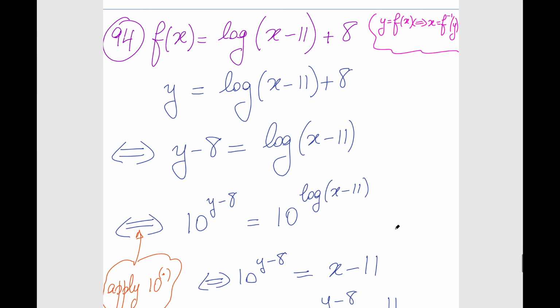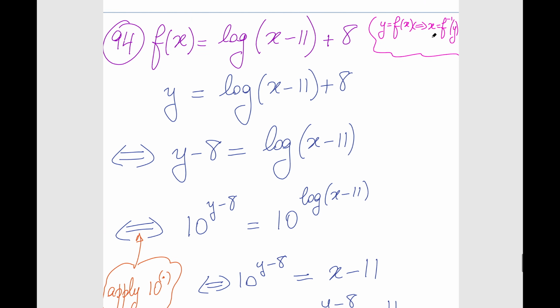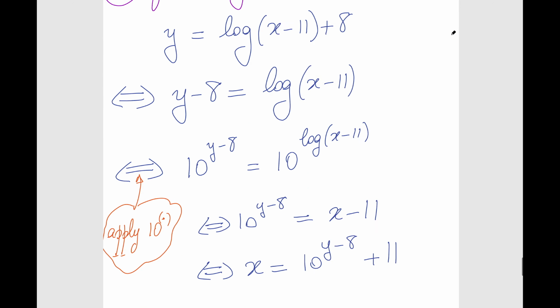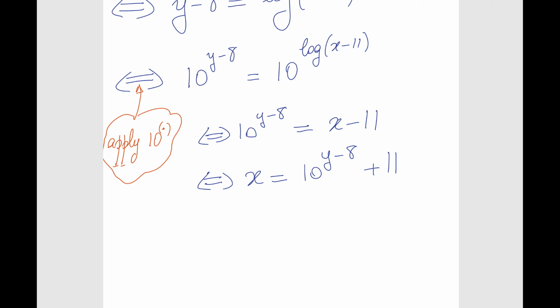Based on this discussion that we used to have, once we solve for x, we've got the f inverse acting on the input y. That's the f inverse acting on the input y. Makes sense?